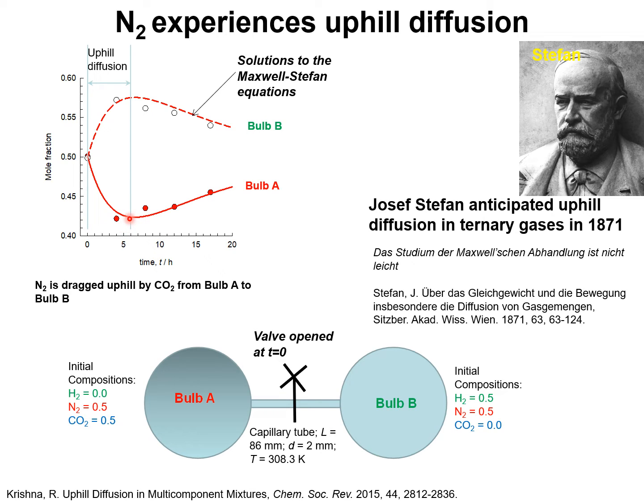At this time, we note a plateau in the compositions. So even though there is a large difference in the mole fractions in the two bulbs, the flux of nitrogen at this point is 0 because the concentration profiles show a maximum here.